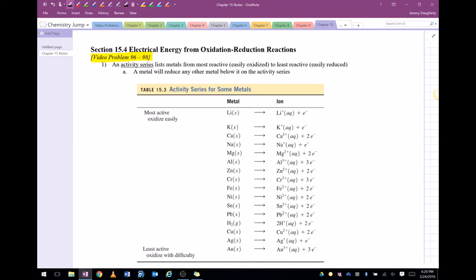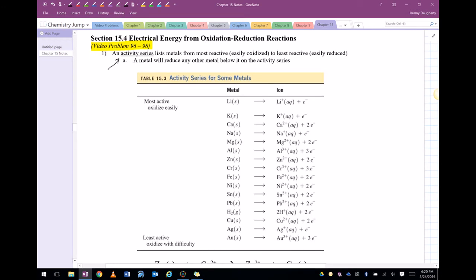All right, so first let's talk about what an activity series is. Honestly, activity series is a dated concept. The way that it works is here. These things oxidize very easily, so they give away the electrons very easily. These things reduce very easily.